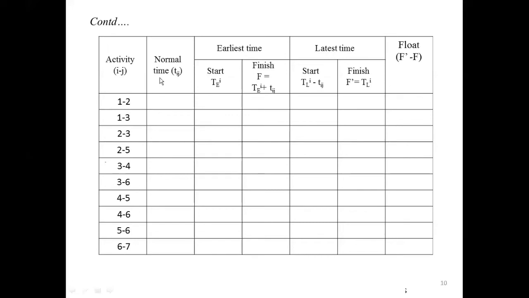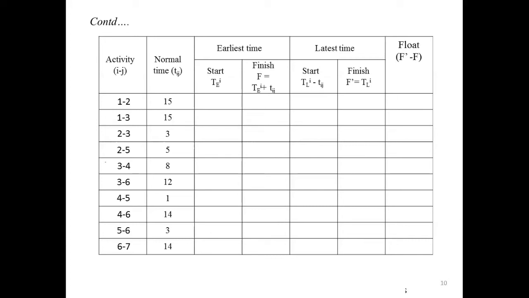The next column you have to fill with respect to the given data. In the given question, for the activity 1-2, the time is 15 days. Here you have to write 15, 3, 5, 8, 12, 1, 14, 3, 14.